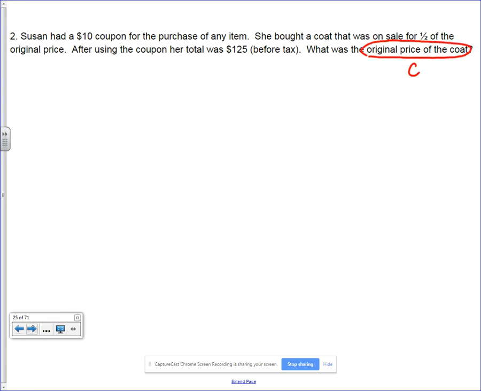I'm going to call it C. They tell me that the total was $125. They also tell me she had a $10 off coupon. And they tell me she paid half price. So half of the original price. So there's my equation. Go ahead and take a second to solve it.